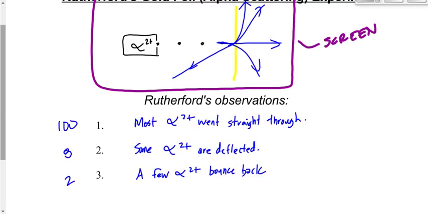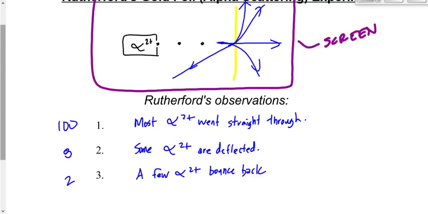Now let's try to come up with an explanation for the people running across the football field and the observations that we've made with those people. The fact that most of those people went straight through would tell us what about the football field? Yeah, it's got a ton of space. Most of the football field is empty space. There's nothing to run into there, so most of the people went straight across.